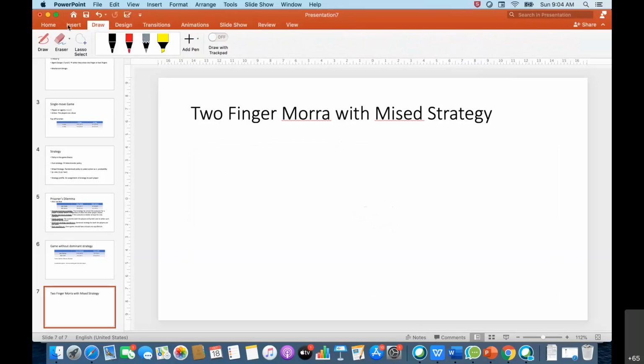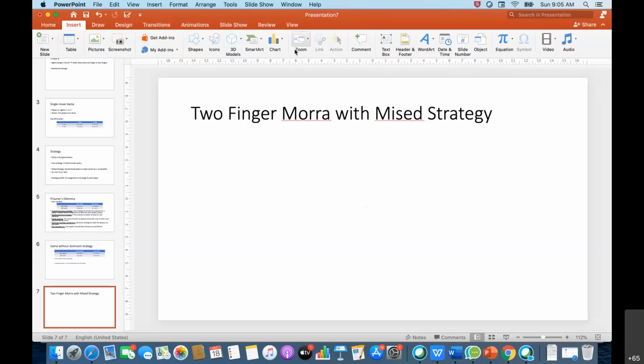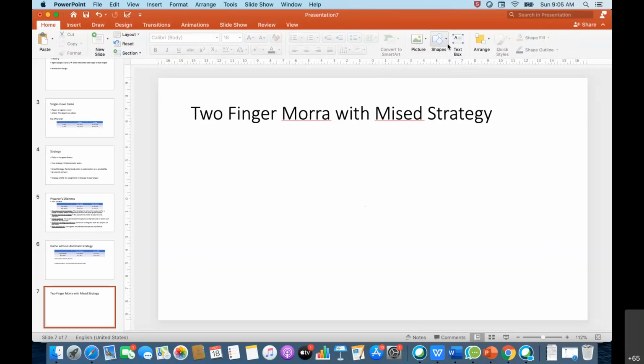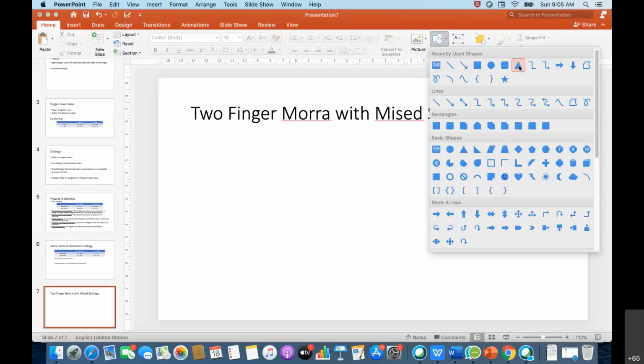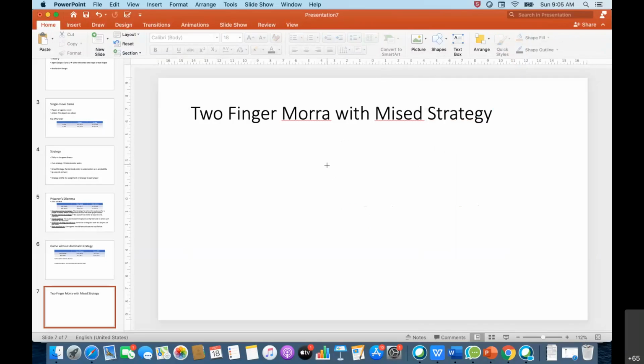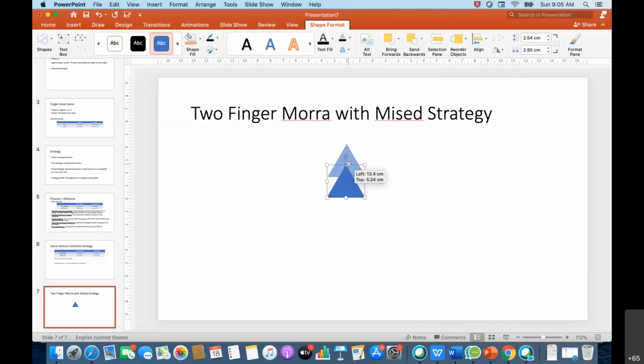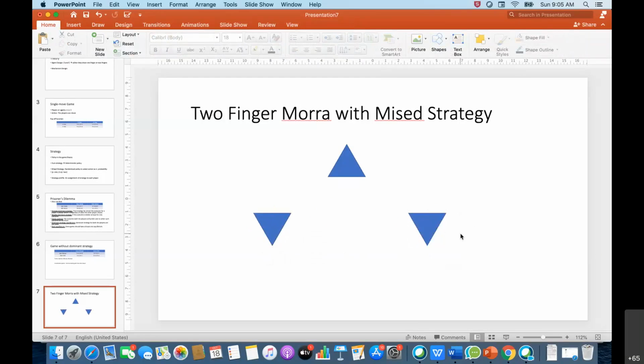let's start drawing. This symbol stands for a maximizer and this stands for a minimizer.